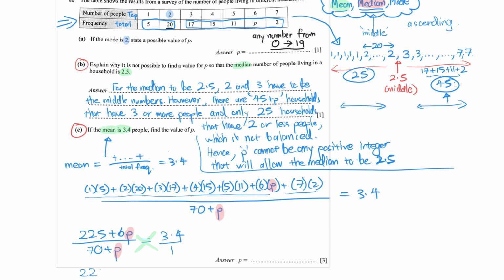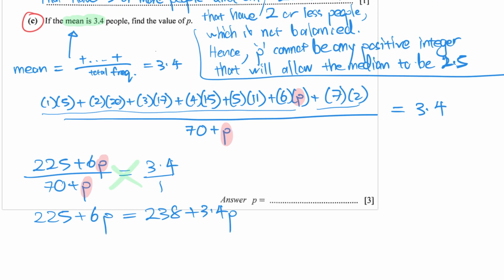We will get 225 plus 6P is equal to 238 plus 3.4P. Now shift all the P's to the left hand side, so I'll get 6P minus 3.4P, which is 2.6P, is equal to 238 minus 225, 13, and finally 13 divided by 2.6 to get 5.